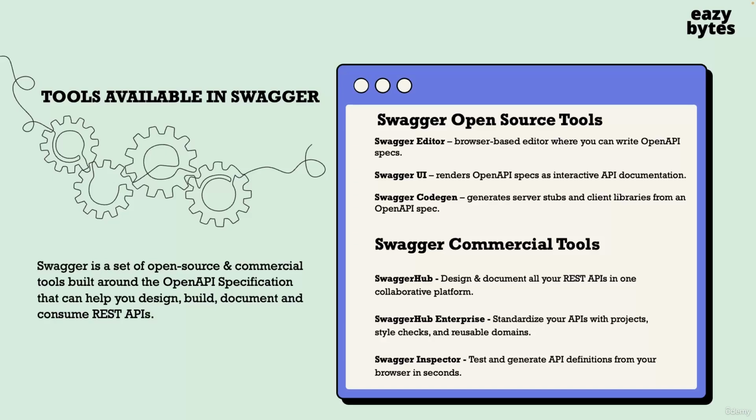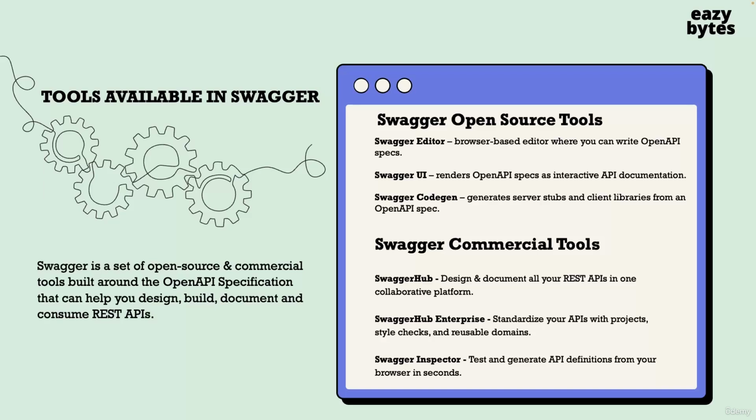Just like GitHub helps us in collaborating and maintaining versioning of the code that we write, and Docker Hub maintains all our Docker images and lets us store them, very similarly we have Swagger Hub, which will help us in designing and documenting all our REST APIs in a collaborative platform. We can also store all these OpenAPI specification standards inside Swagger Hub.